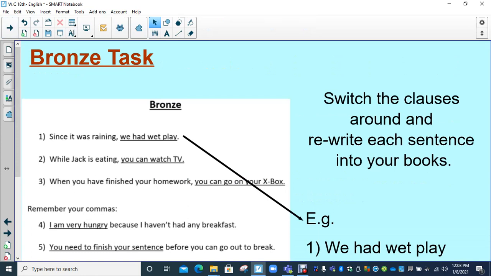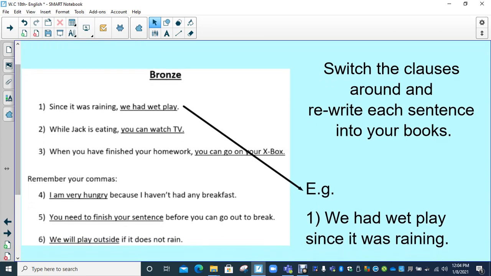So we are moving on to our tasks today. Everybody has an individual sheet, bronze, silver or gold, and we're going to go through those together now. So here is bronze. What you're going to do is switch the clauses around and rewrite each sentence into your book.